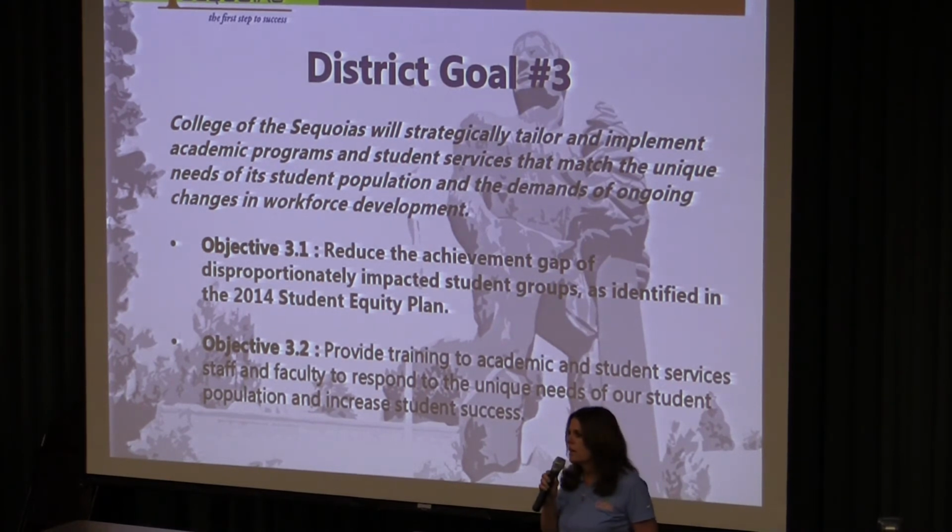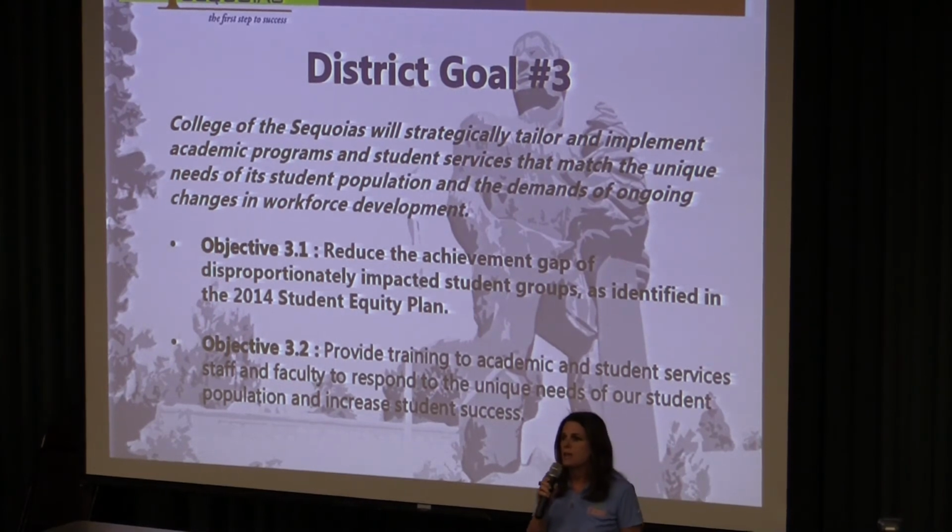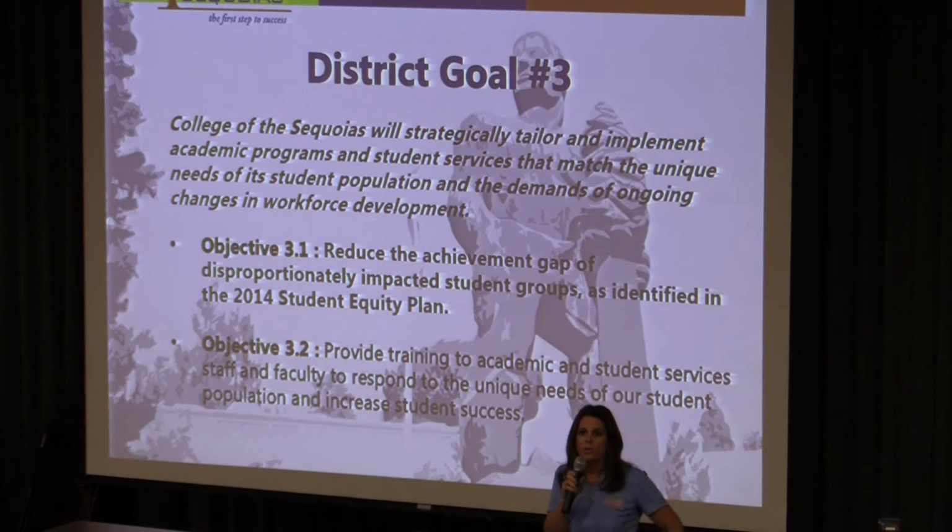And when we were looking at the data for this in the master plan, some of the things we looked at were language spoken at home, the poverty rates, the unemployment rates, and one of the statistics that really stood out to us was that over 70% of our students are first generation to college, and so they don't have a lot of information about college literacy, financial literacy, those kinds of things. So there is a specific way we need to alter what we do and how we communicate with our students.